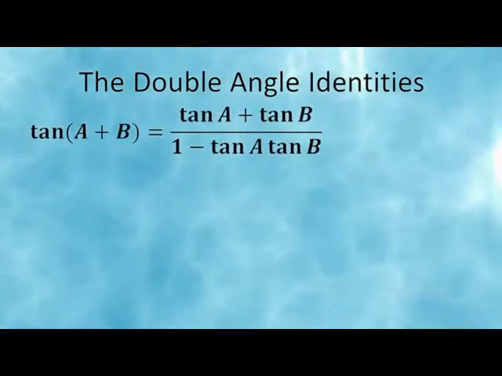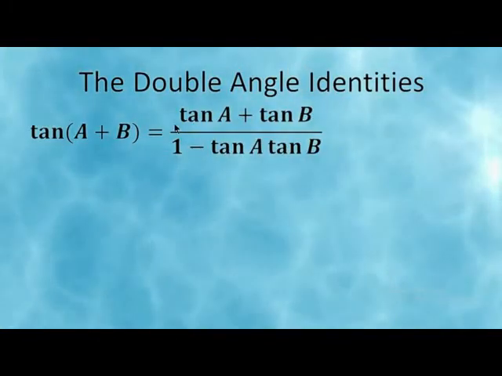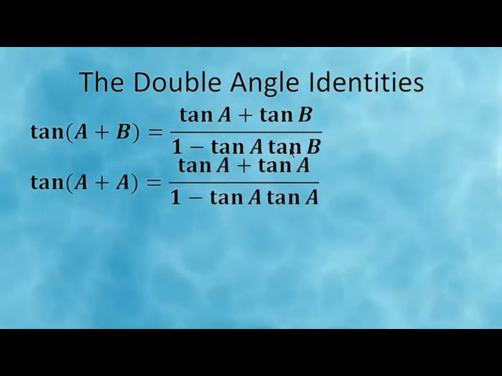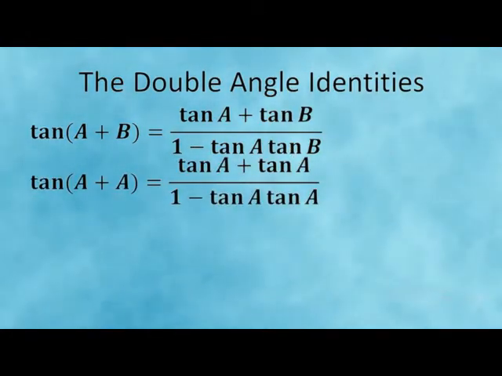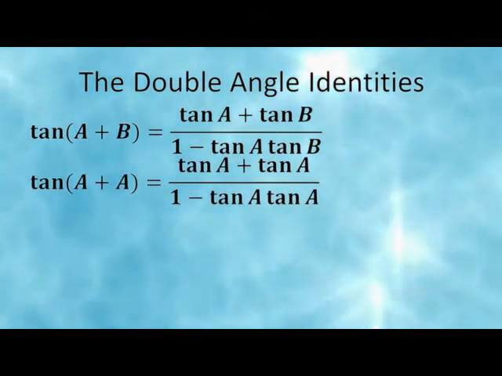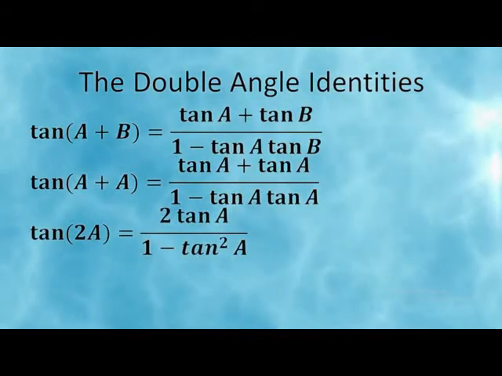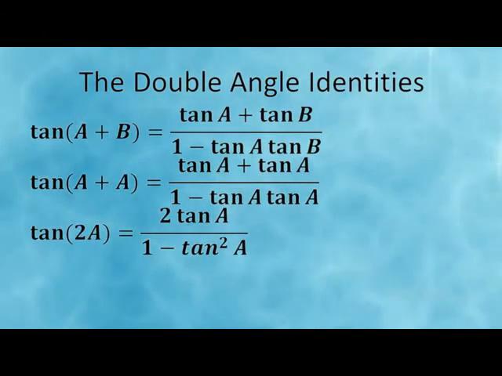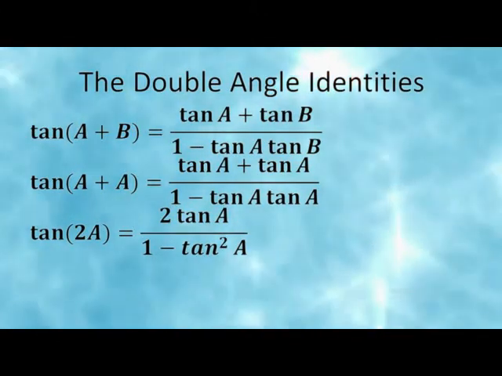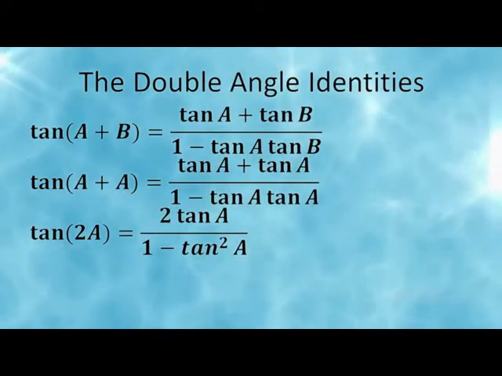And then for tan A plus B, this is the formula: tan A plus A equal to tan A plus tan A per 1 minus tan A tan A, which means tan 2A equal to 2 tan A per 1 minus tan square A.